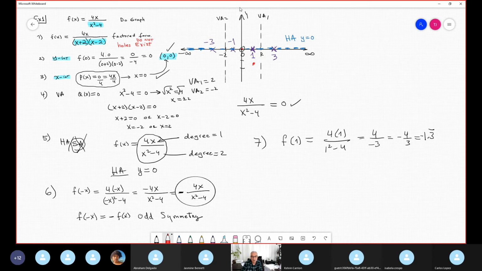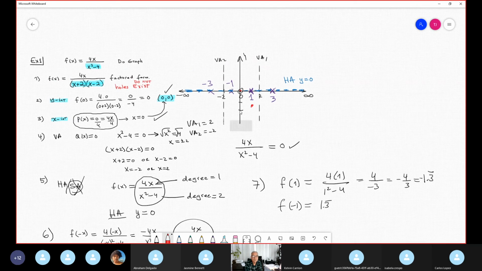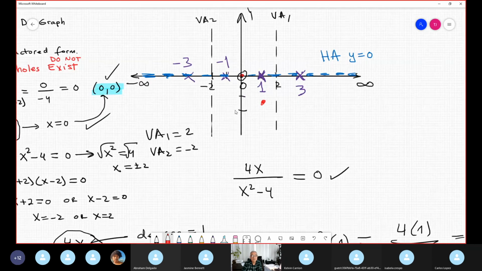Okay, so I take advantage of the symmetry. I know, okay, -1, I don't need to do anything. It's the same value, but opposite side, 1.3 repeating. And the point is exactly the same, but in the opposite direction. Here. But let me make a zoom to see clear. 1, 1.3 something. So, do I need an extra point?